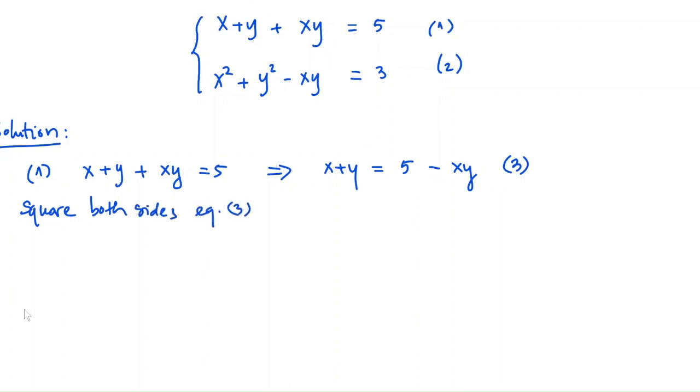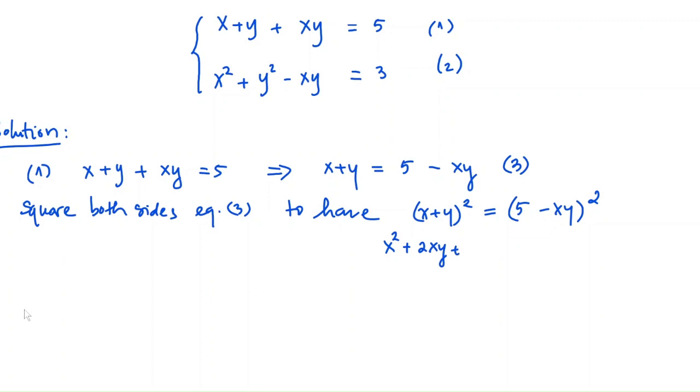Equation 3 squared: x plus y squared is equal to 5 minus xy squared. This is equal to x squared plus 2xy plus y squared on the left, and on the right side is 25 minus 2 times 5 times xy, which is negative 10xy, plus xy squared.